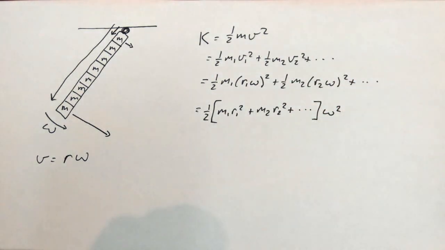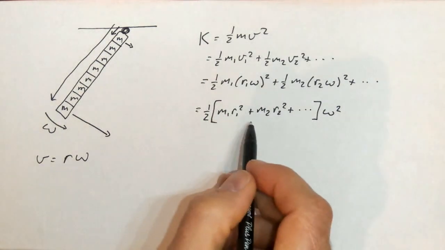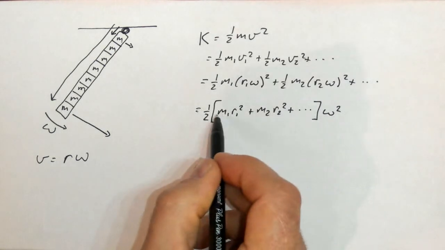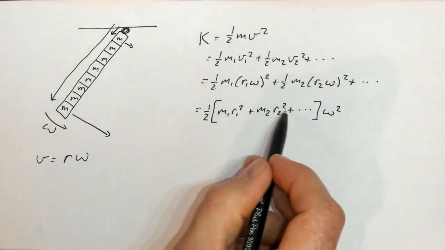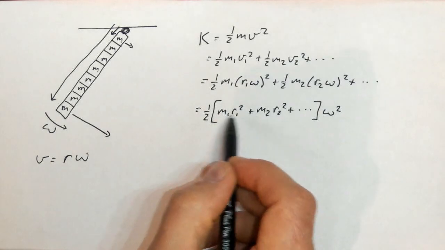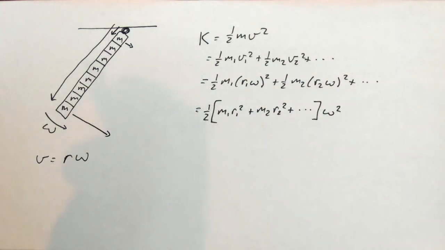Okay. Well, this is something that doesn't have anything to do with how it's moving. The motion's right here. This simply has to do with where the mass is. Where is mass 1? Where is mass 2? So on and so forth. So this is a geometric property of the object alone.